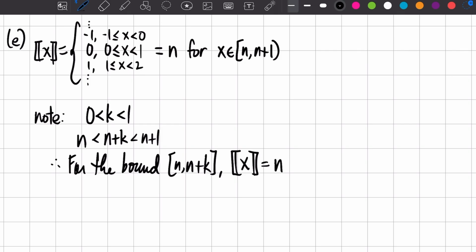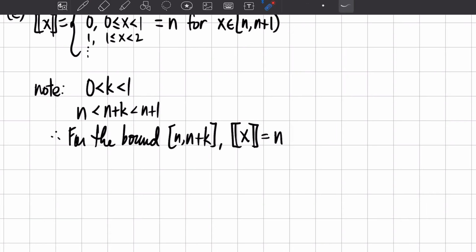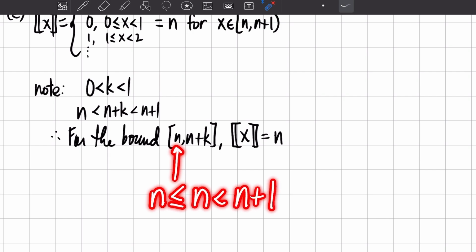Okay? So take note that for any number here, we are sure that it would be in between n and n plus 1. Since if you start here, you have n less than or equal to x less than n plus 1.